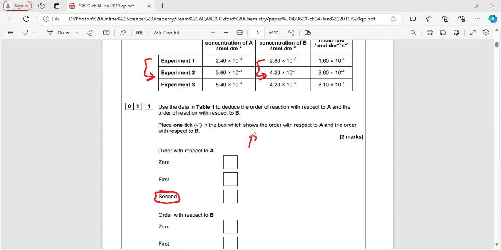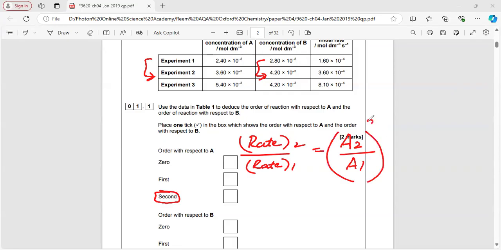Now the rate of experiment number two over the rate of experiment number one is equal to the rate constant K, which will be cancelled out, so I will not write that down. Then the initial concentration of reactant A of experiment number two over that of experiment number one, and you know its order is two, so I put 2 here.